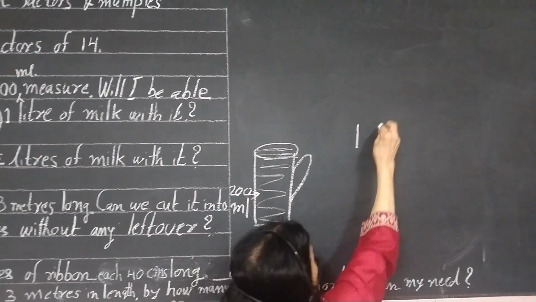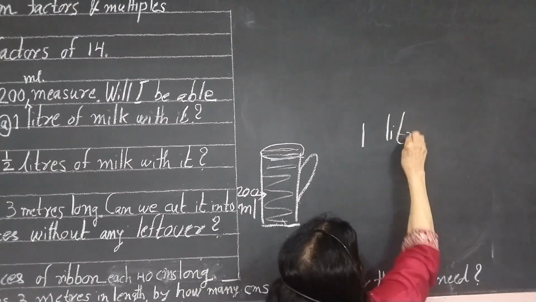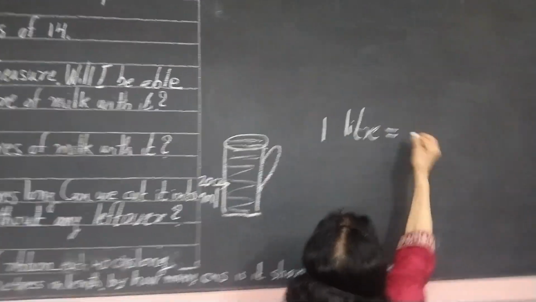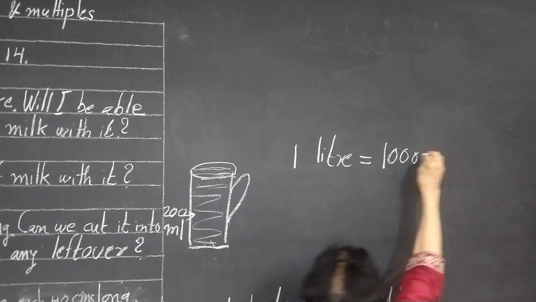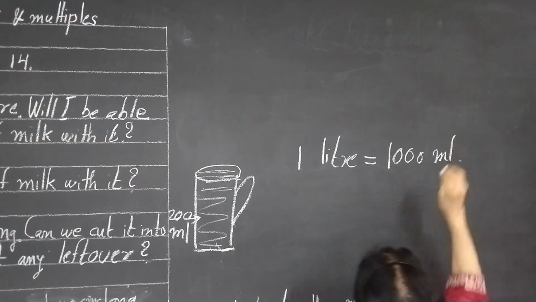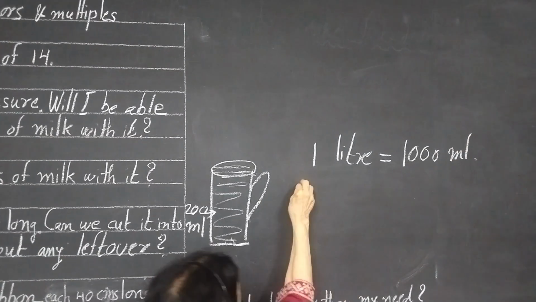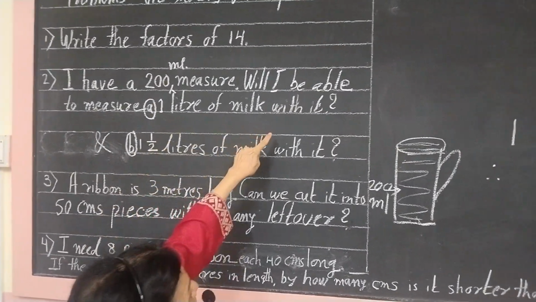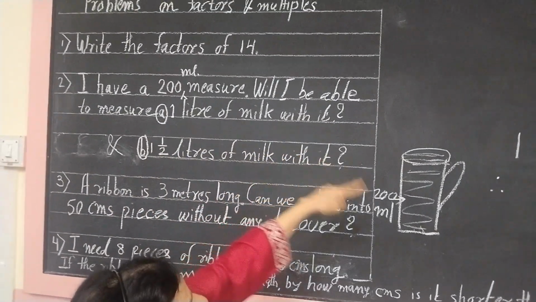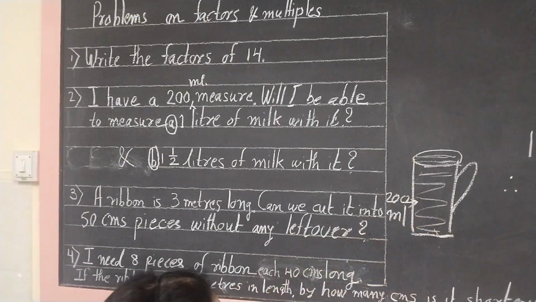Now 1 liter is equal to 1000 ml. Therefore, when we have to measure this, that means we will have to measure 1000 ml.